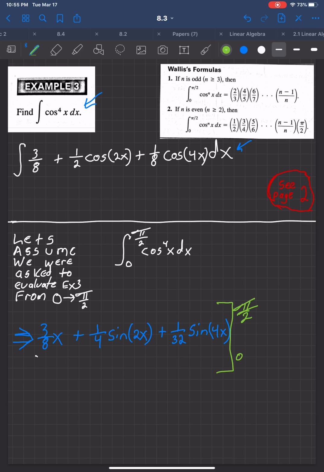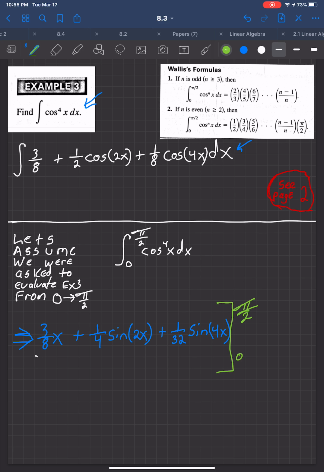So Wallace was just another, I don't know if you would say he was a mathematician of antiquity, he's really just 1600s, but did some great work. I know that he definitely had a lot of influence on Newton, on Leibniz, so he had a lot of influence on the calculus.